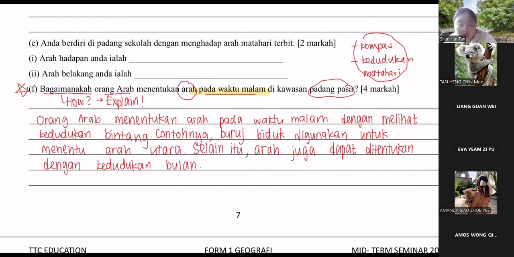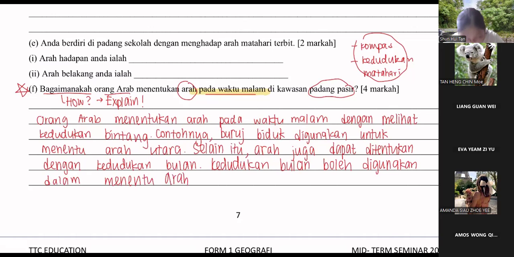Alright, so from the kedudukan bulan, you can say kedudukan bulan boleh digunakan dalam menentukan arah timur dan barat.